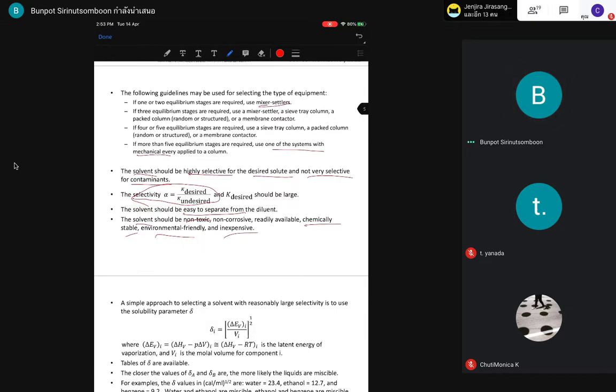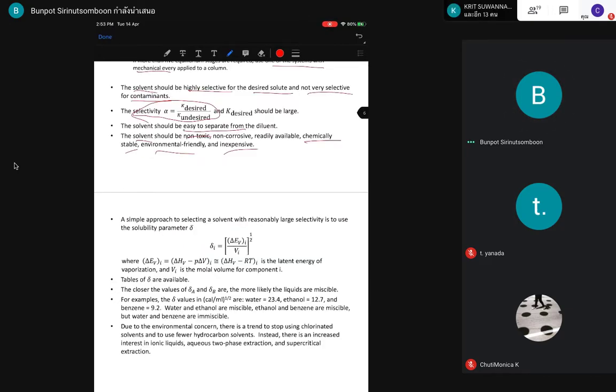And when we want to select a good solvent with large selectivity, we will consider something called the solubility parameter delta, from this equation here. You can look up the values of delta from literature or textbooks.